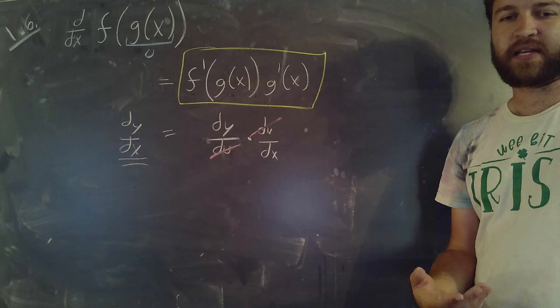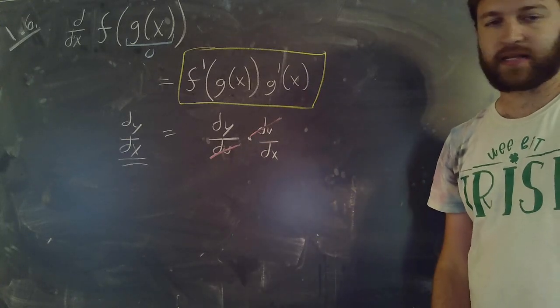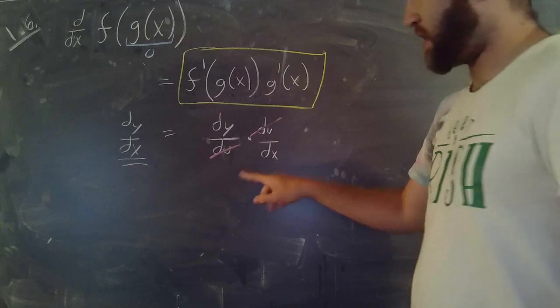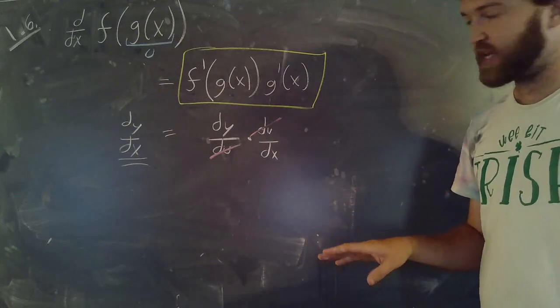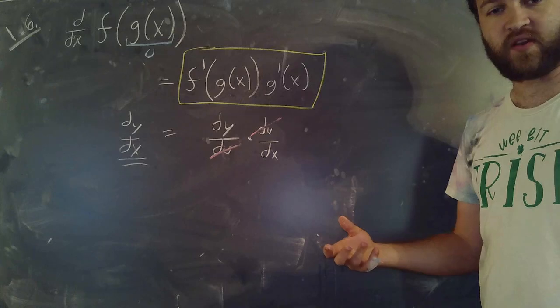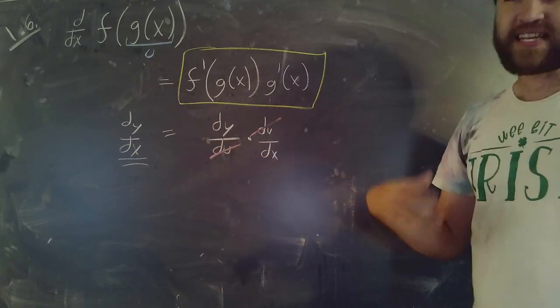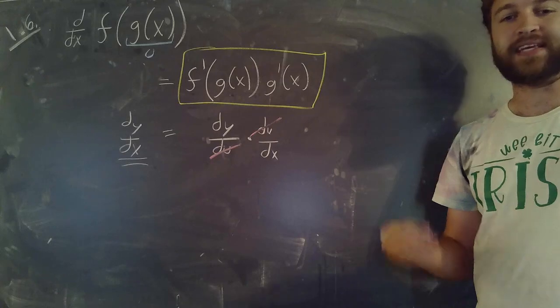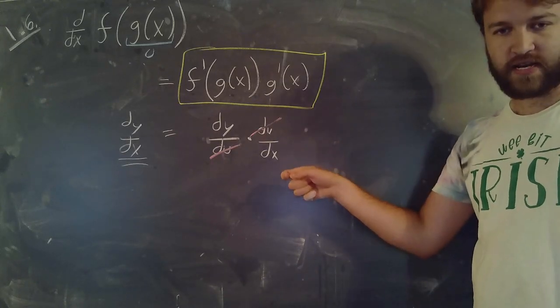And some people like to do this in a tabular form, which I'm going to show you very quickly. Now the move is always the same thing. All that we're doing is we're wishing a piece away and calling it u. Then we're taking a derivative. That gives us dy by du, but then we have to fix the fact that dy by du is not dy by dx, so we have to multiply it by du over dx.